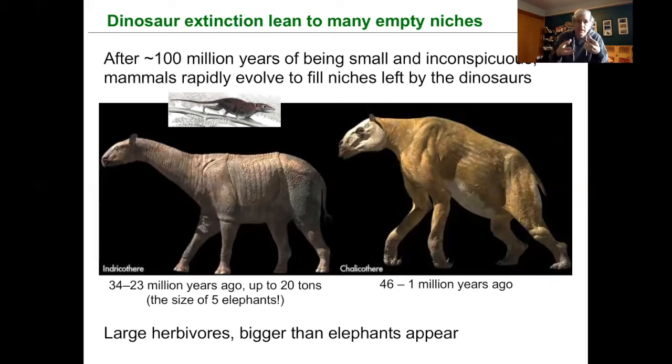However, the things that those land animals were eating, big plants, trees, grass, and things like that, those plants were still around. And so there was a vacancy for a large land animal that could graze on all of these different plant types. As a result, the little insect-eating shrew rapidly evolved into a whole series of large plant-eating animals. Remember, these were really big. These are bigger than elephants, and they came from something about that big.